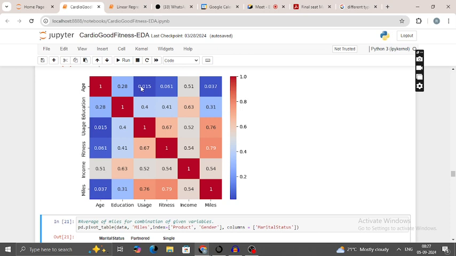So I cannot consider it, and I can drop those columns where correlationship is very weak. Say you have 12 or 13 columns, and you say, no sir, I will take only 8 columns, I am dropping 4 columns.